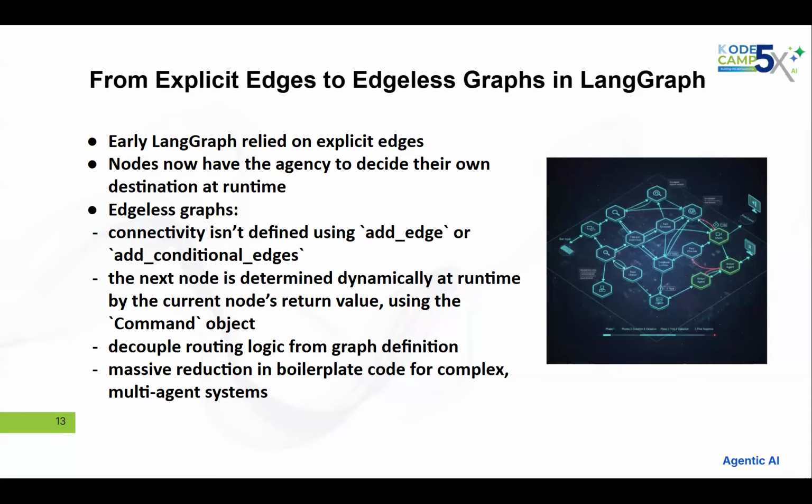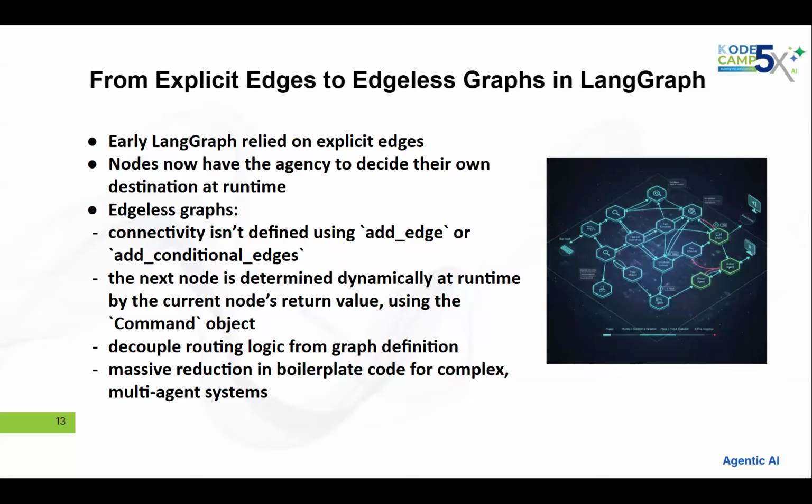And so such graphs are dynamic. The advantage of edgeless graphs is that they decouple the routing logic from the definition of the graph. With explicit edge graphs, you need to define the explicit edges, whether fixed or conditional, and your routing logic makes use of these predefined edges.